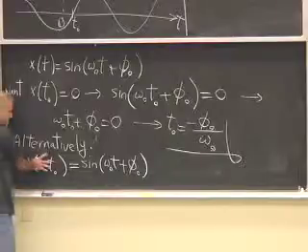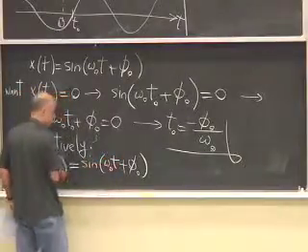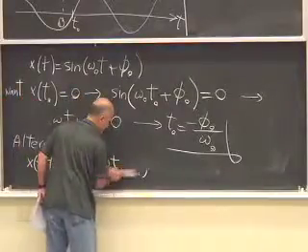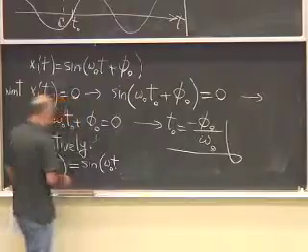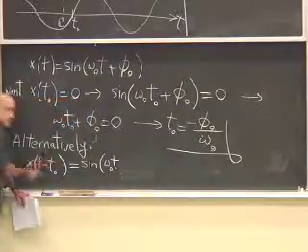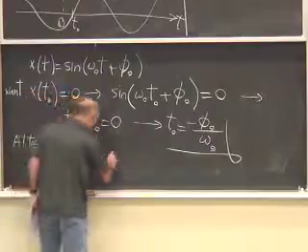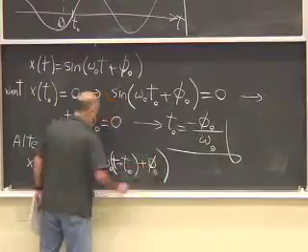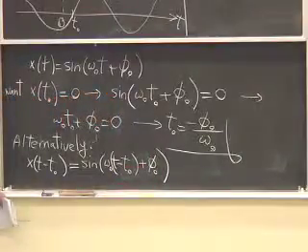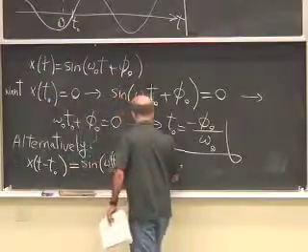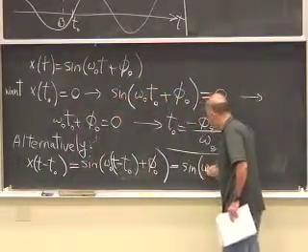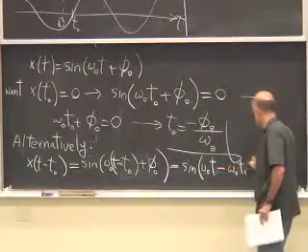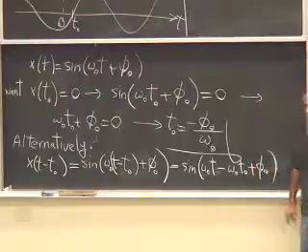How much do you need to shift the signal x to get... that's not what the shifted version is. What is the shifted version? If I shift it, wherever I see a t, I have to replace it with t minus t naught. And so I'm left with sine of omega naught t minus omega naught t naught plus phi naught.